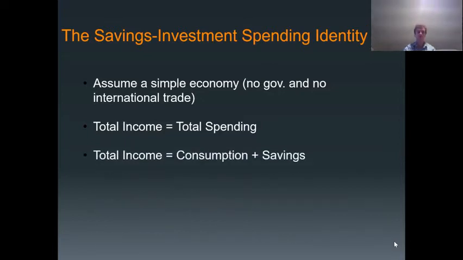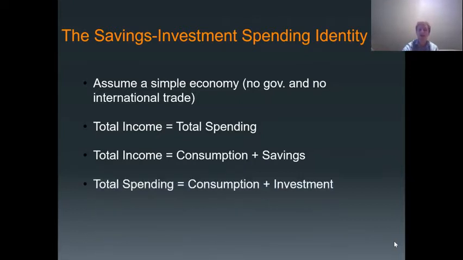If we break income up, when you have income, your two choices of what to do with that are spend or save. So, consumption or savings. On the spending side of things, you either spend your money on consumption or investment spending. So income is consumption and savings, and spending is consumption and investment.